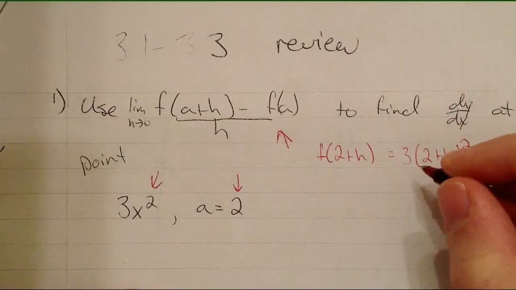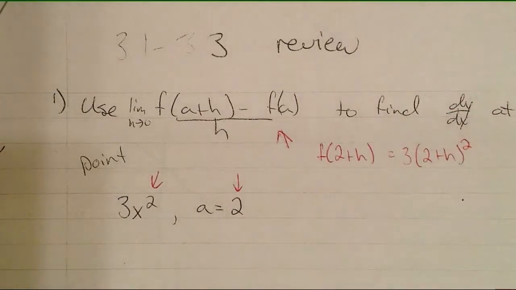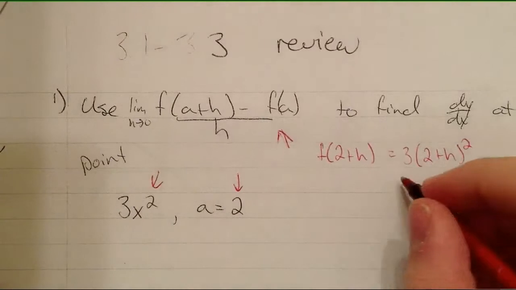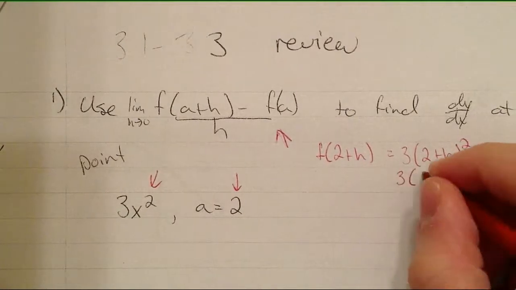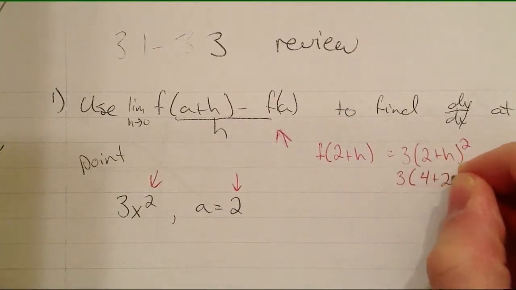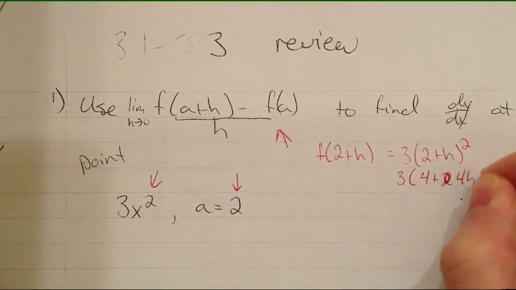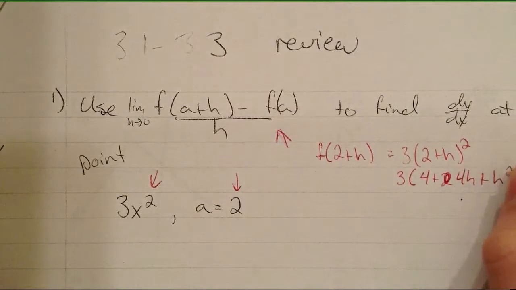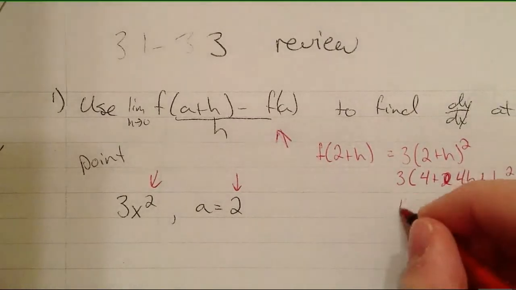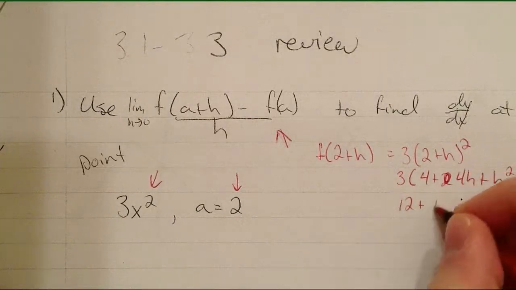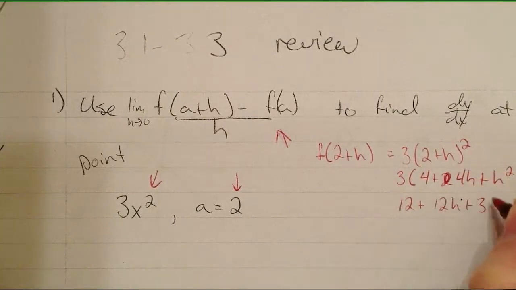So we expand that out, right? And I get 3 times 4 plus 4h plus h squared, right? This is also known as 12 plus 12h plus 3h squared.